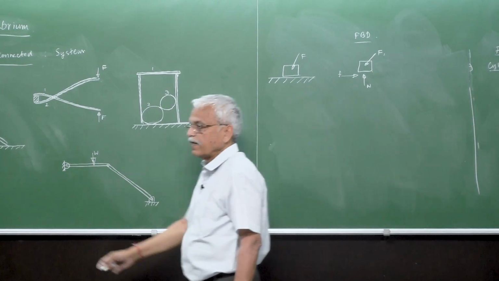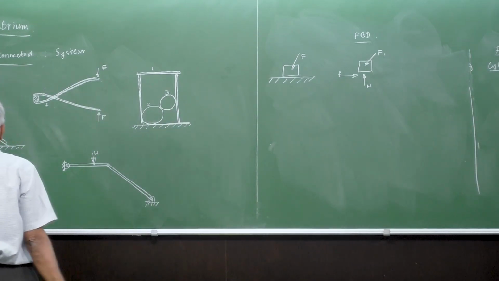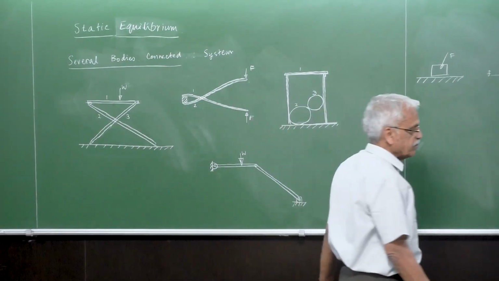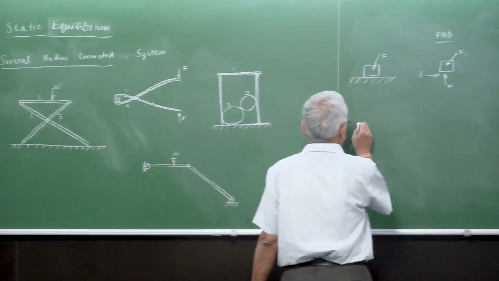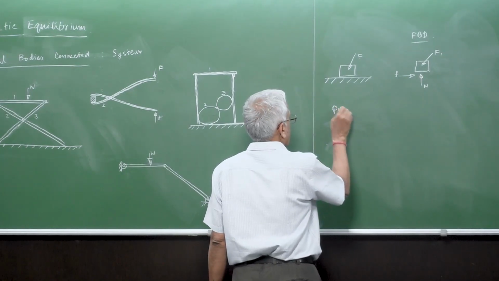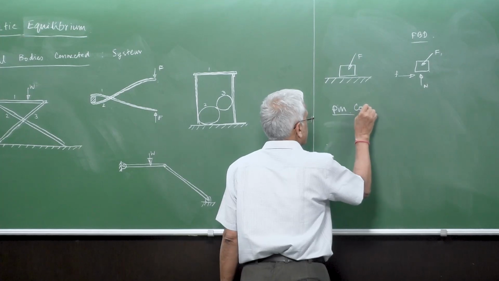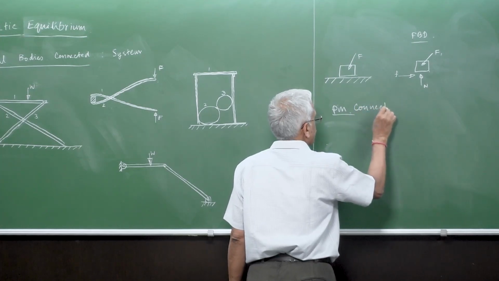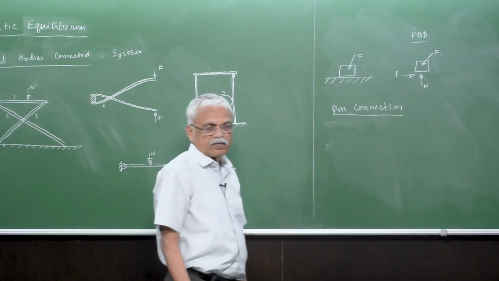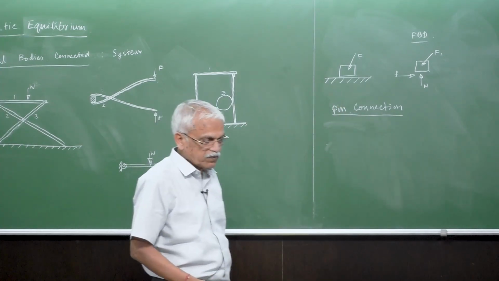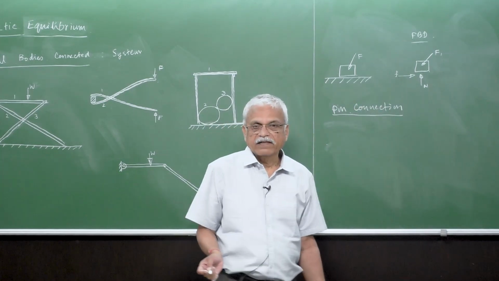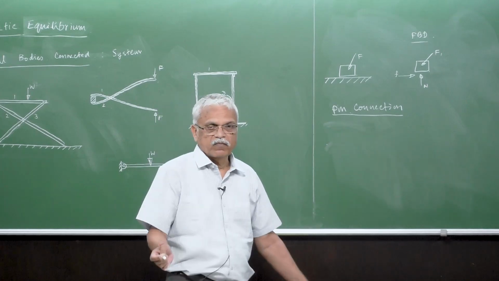And another interesting thing which probably requires a little bit of understanding is the pin. So if you have a pin connection, what kind of internal forces will be there? Once the pin connection has been removed, then the internal forces at the pin have to be shown as external forces on the free body.